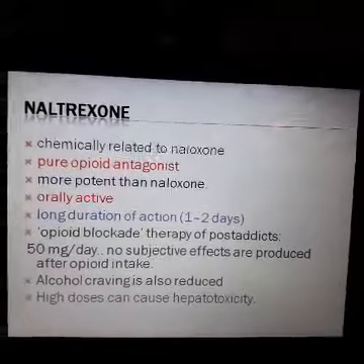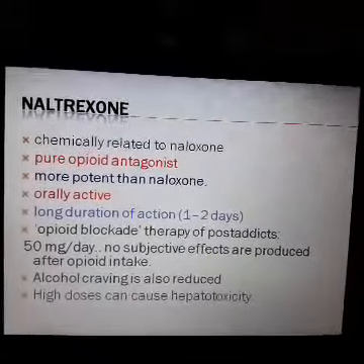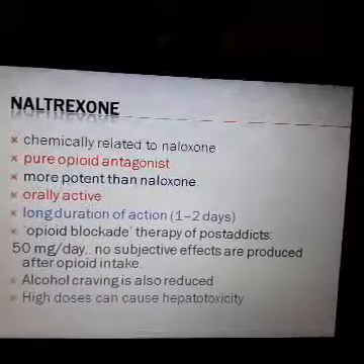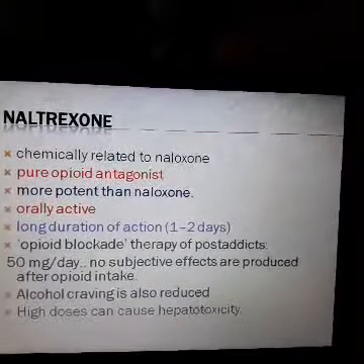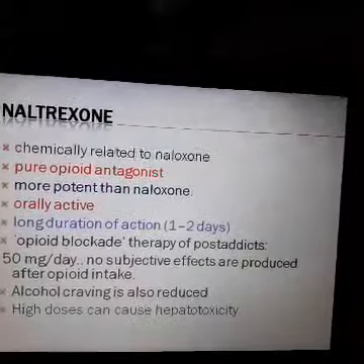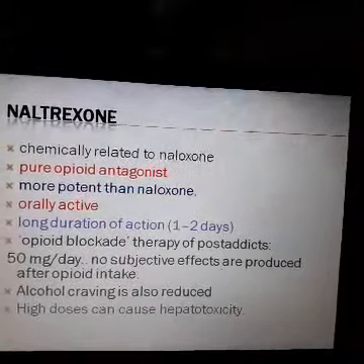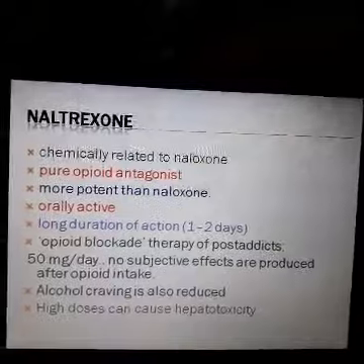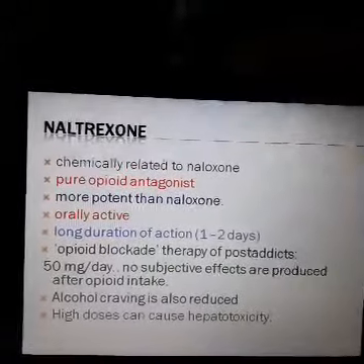So remember this: naloxone is the drug of choice for opioid poisoning. Naltrexone is the drug of choice for opioid addiction. It is not used vice versa. Naltrexone cannot be used in opioid poisoning because of its slower onset of action, and it should be given orally, which is not possible in acute poisoning cases.